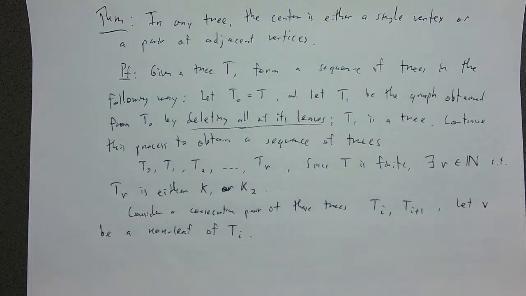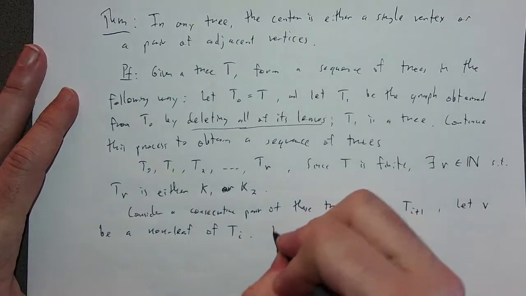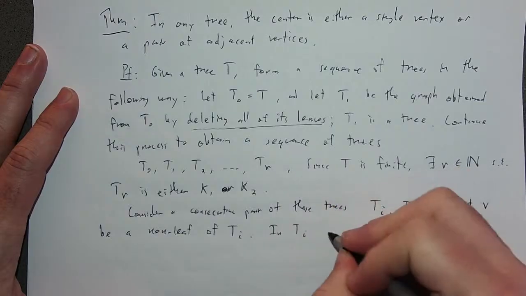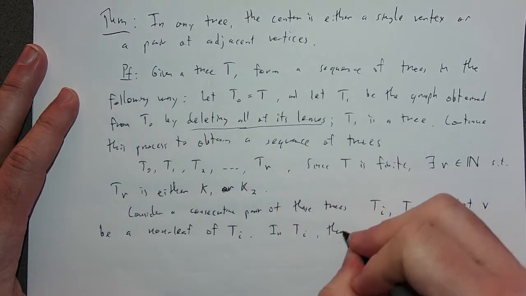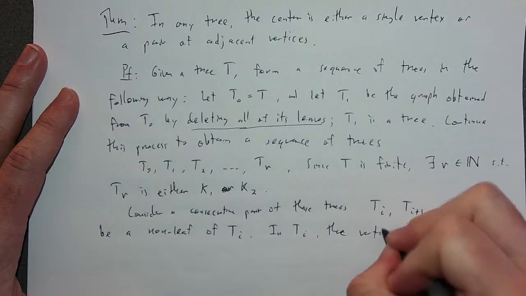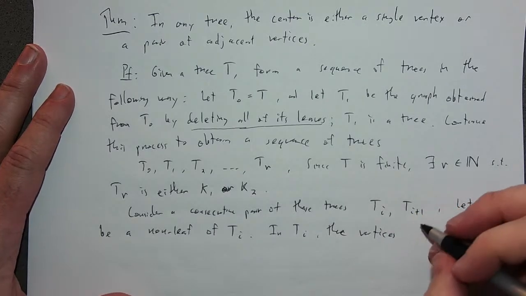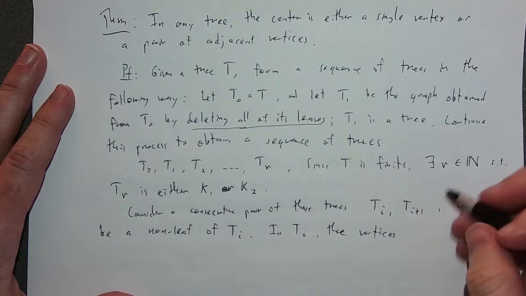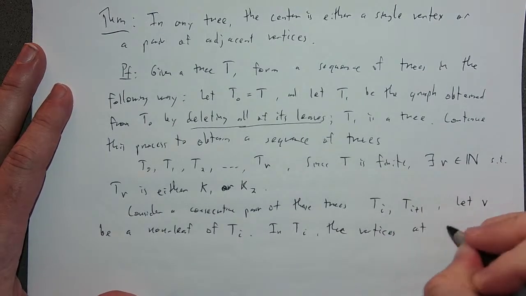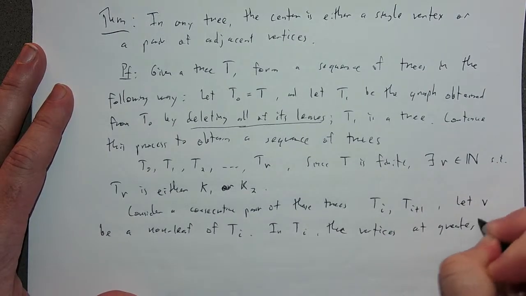Okay, of course, in T sub I, the vertices that are at the greatest distance from V are the leaves of T sub I. Necessarily.